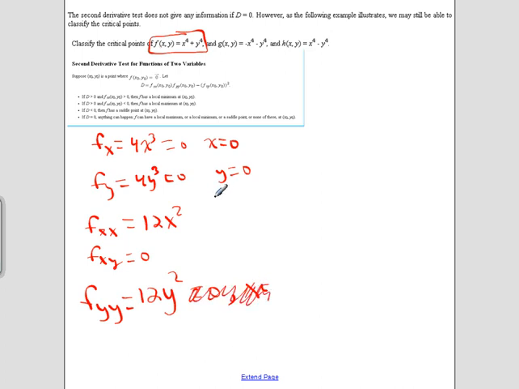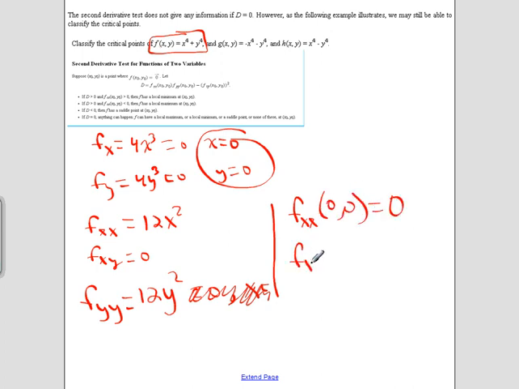So at our points of interest, we know that this equals 0. This is always 0. And f partial y equals 0.